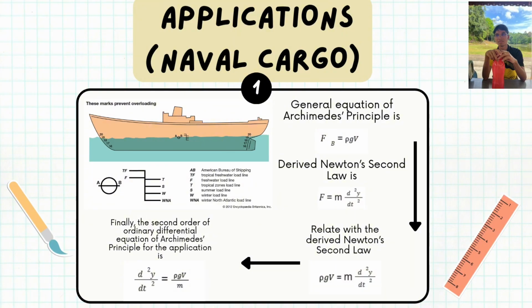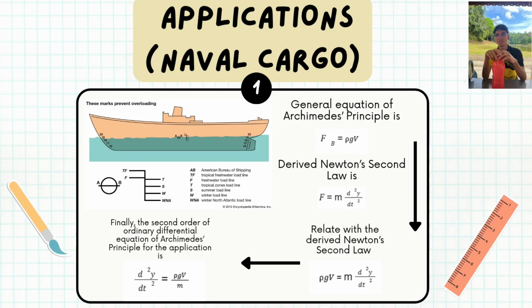We can relate the two equations to get rho gV equals m d square y over dt square. Then we move it, and we get the second order ODE of Archimedes principle, which is d square y over dt square equals rho gV over m.